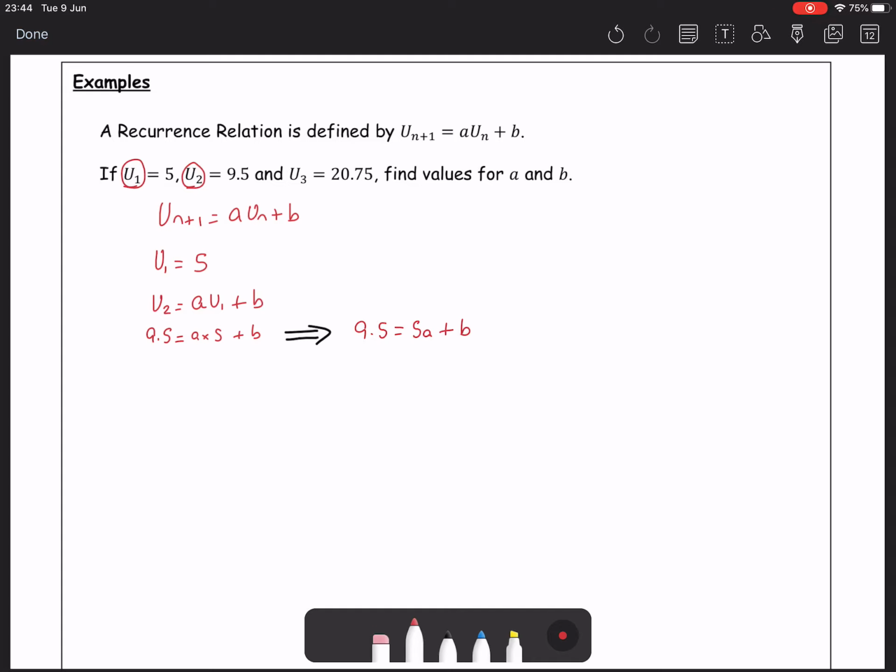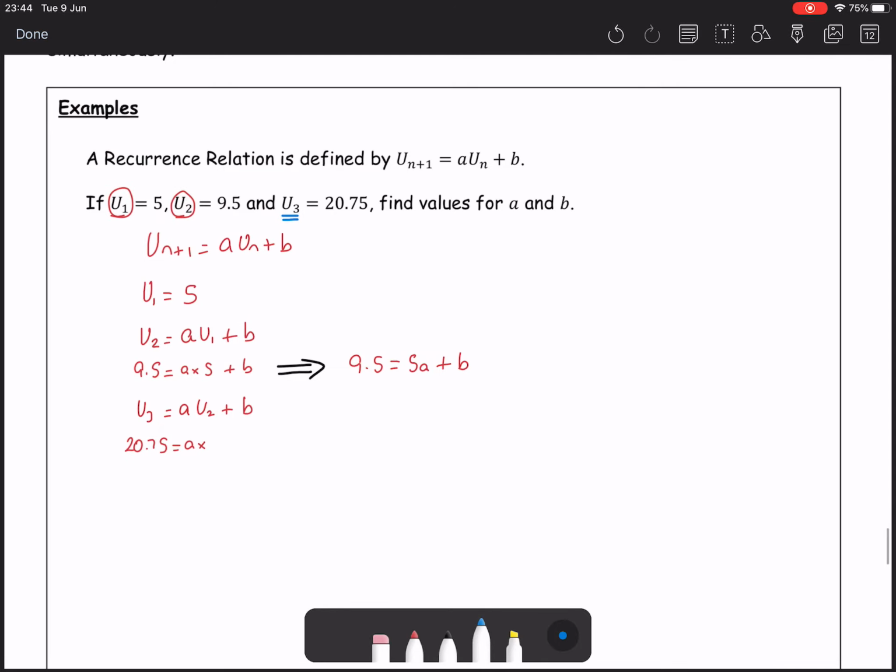Back to my sequence, my third term is a lots of the one before that, so U2, plus b. Therefore I now know what U3 is, which is 20.75, and that's equal to a times U2, which is 9.5, plus b.